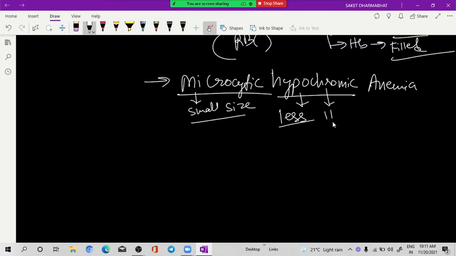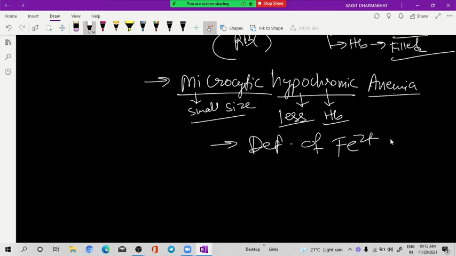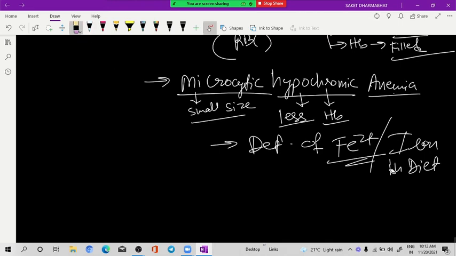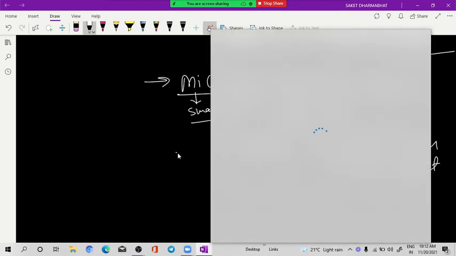Chromo means hemoglobin. And anemia means, obviously, less hemoglobin, so anemia will take place. This type of anemia takes place due to the deficiency of what? Iron. Deficiency of iron in diet. Due to deficiency of iron in diet, which kind of anemia is taking place? Microcytic hypochromic anemia. Understood?